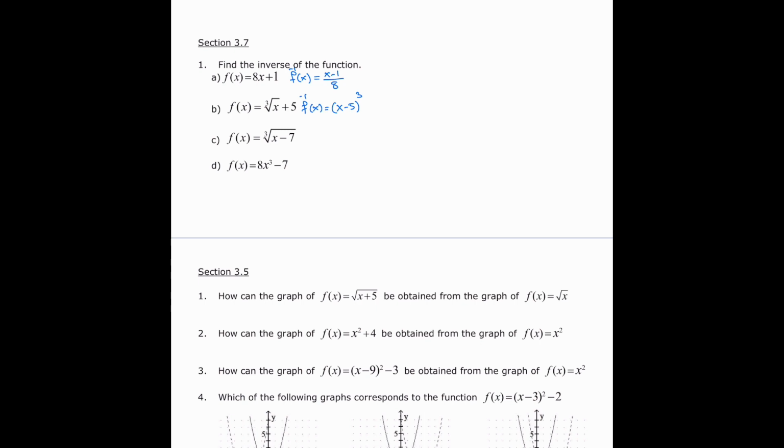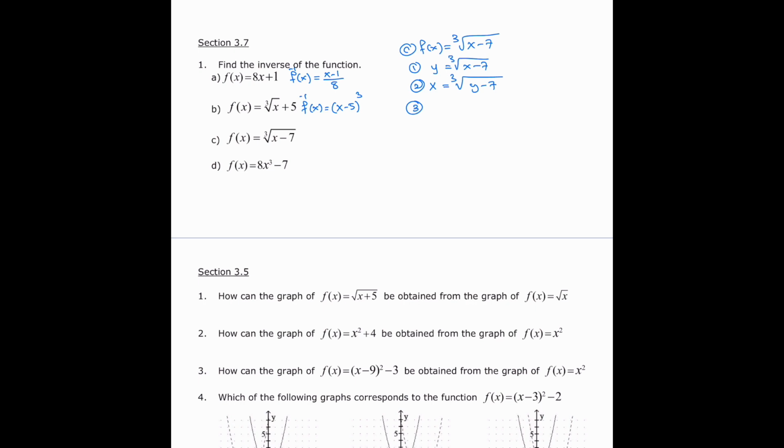Part C. F of x is equal to the cube root of x minus 7. So first step, write it as y equals the cube root of x minus 7. Step number 2, interchange x and y. Step 3, solve for y.